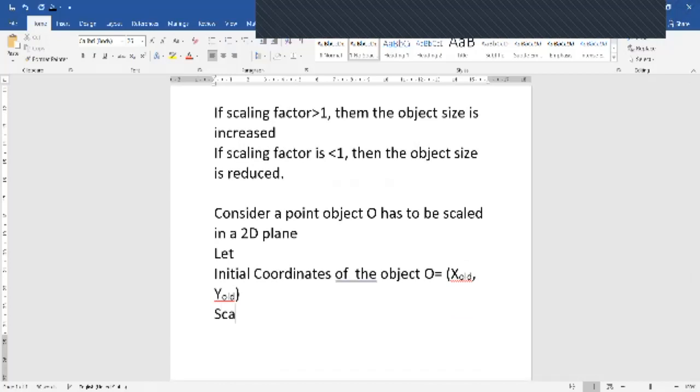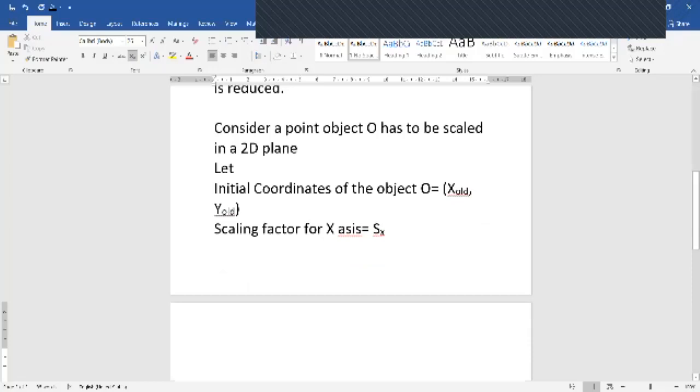Now, whenever we need to scale the object, whenever we apply the scaling factor value, remember that there will be two values. The scaling factor for the x-axis is equal to Sx, where x is a subscript.